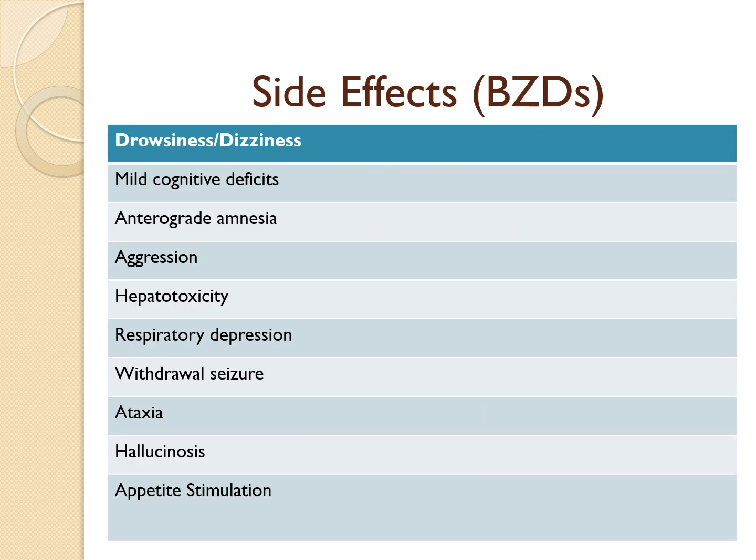Now, the side effects of benzodiazepines are mild cognitive deficits. The person can have lower decision-making capacity, so these drugs should be avoided in persons who are working on heavy machinery or driving vehicles.